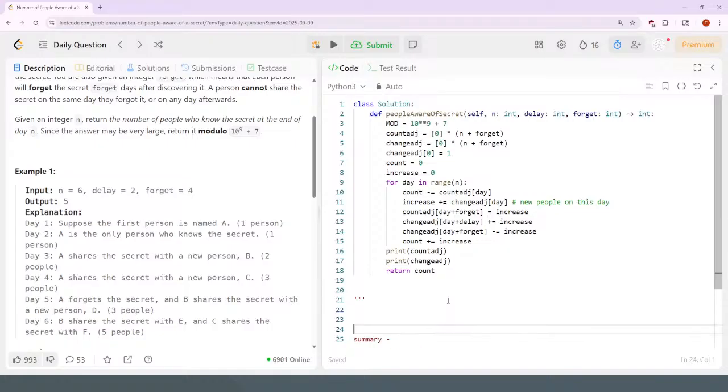So it's supposed to be the count should have a sequence that is 1, 1, 2, 3, 3, 5. So that's the goal target. 1, 1, 2, 3, 3, 5.